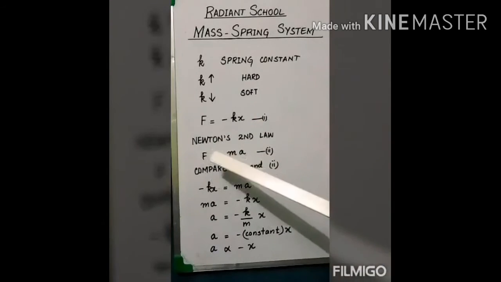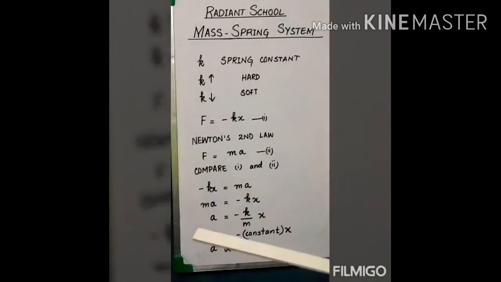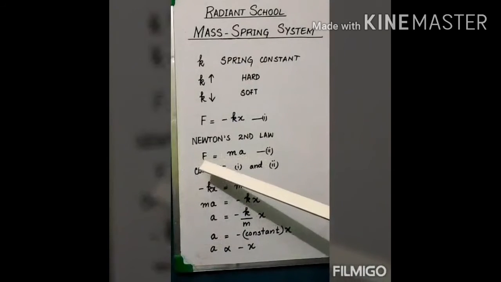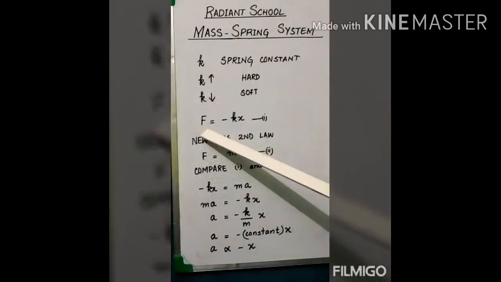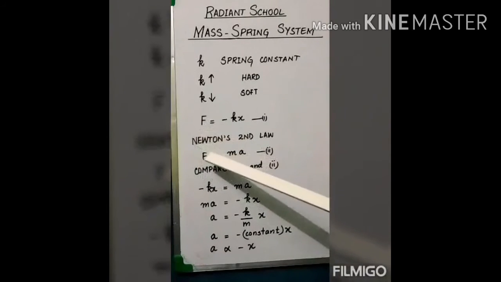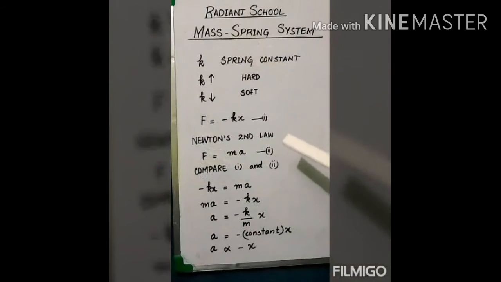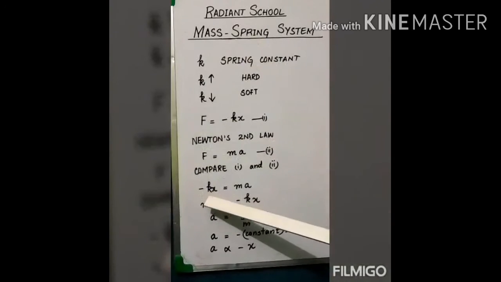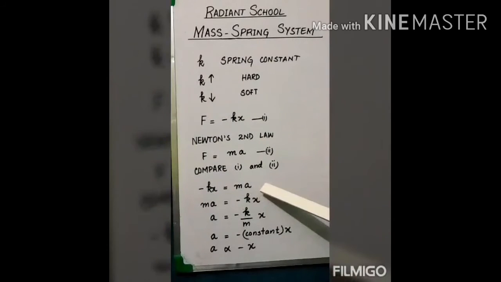Now, according to Newton's second law, whenever we apply a force, what does the second law state? F is equal to ma. Now, this F and this F both mention the same force, that is the restoring force. So I can compare 1 and 2. If I compare 1 and 2, it will become minus Kx is equal to ma.